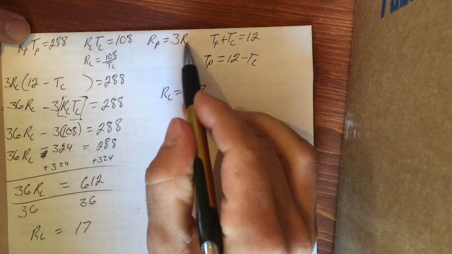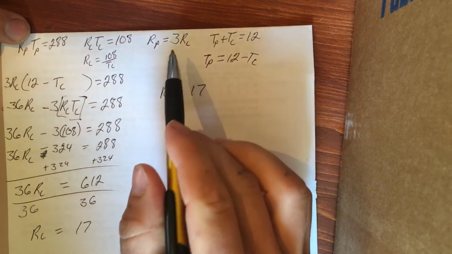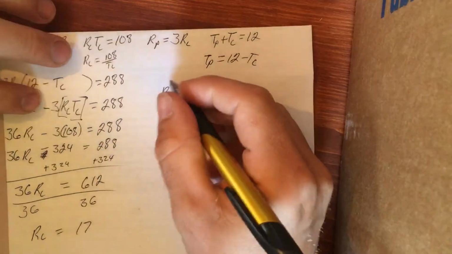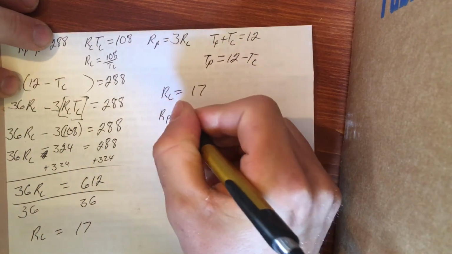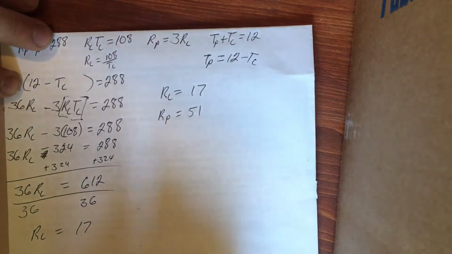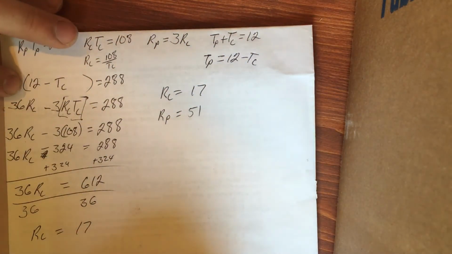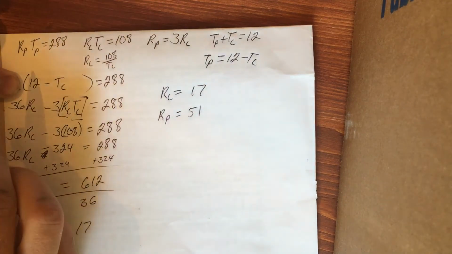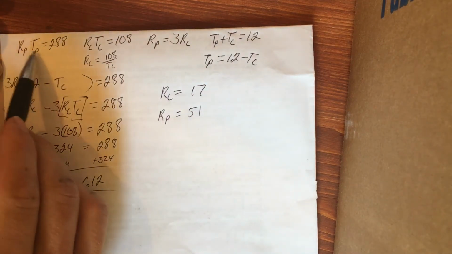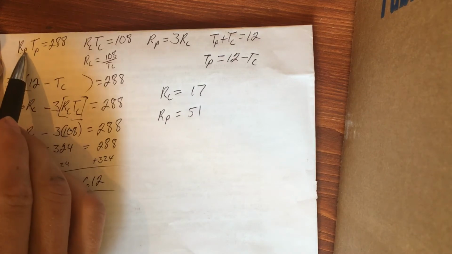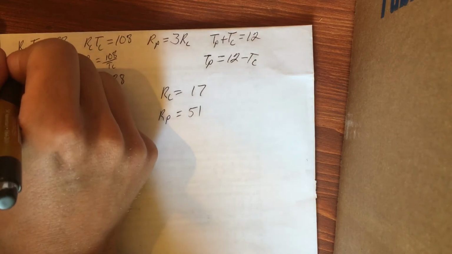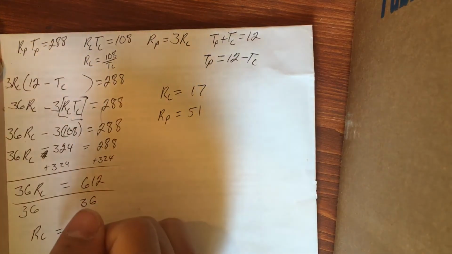If RC equals 17 and RP is 3 times that, then we can take our 17 times 3 and find what RP is. RP equals 51. And then let's plug that in. Oh no, we didn't do this one.